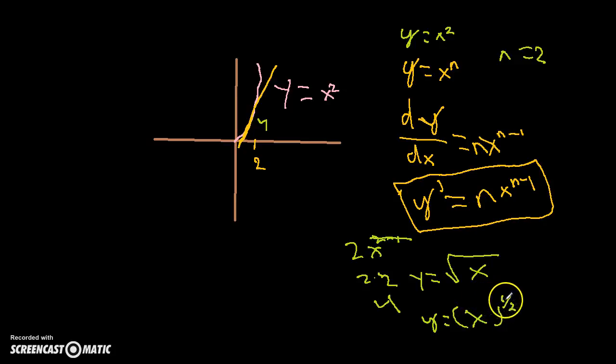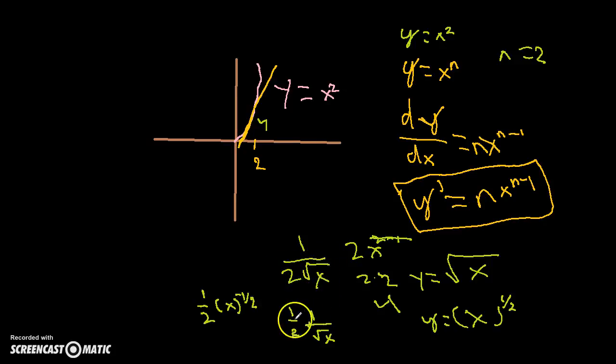So now let's do it. This works for any real number. So it's 1/2 times x to the negative 1/2. And what would that be? That would just be 1/2 times 1 divided by the square root of x, or just 1 divided by 2 times the square root of x.